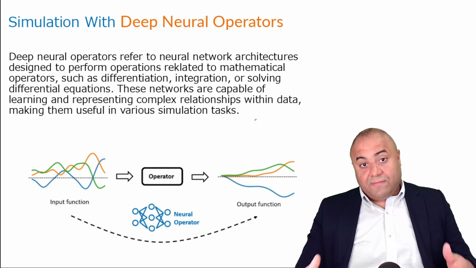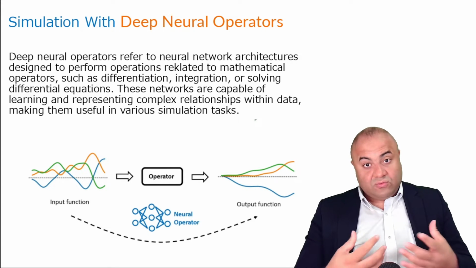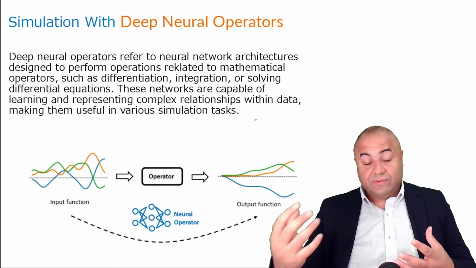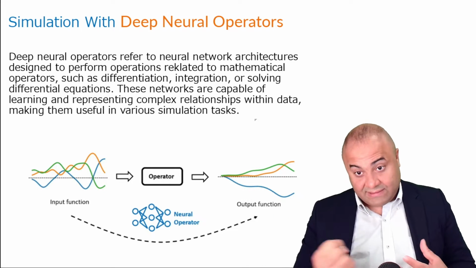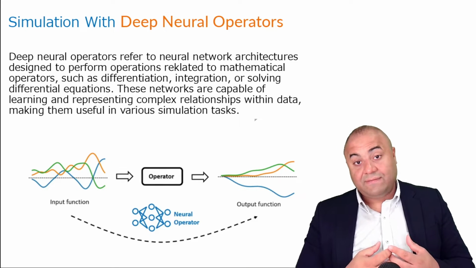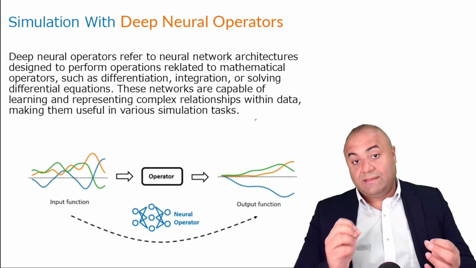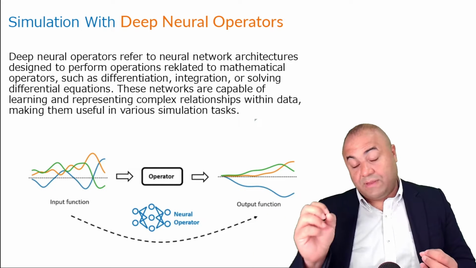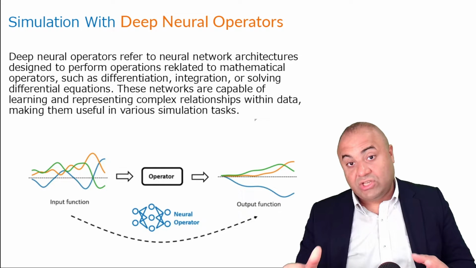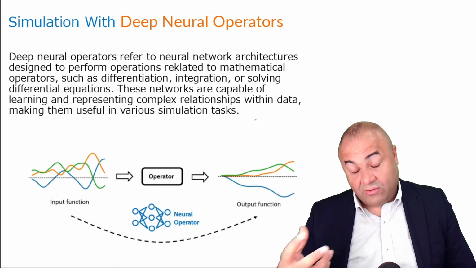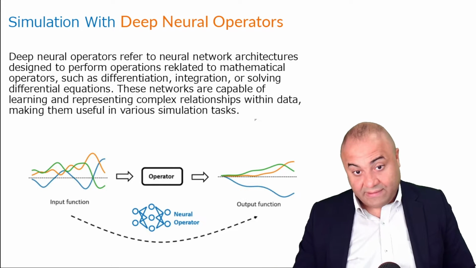This kind of system, in the usual case, we will have a series of mathematical operations to solve this mathematical function or the simulation problem we have. And in our case, using a deep neural operator, we can perform this simulation by only the deep neural operator.